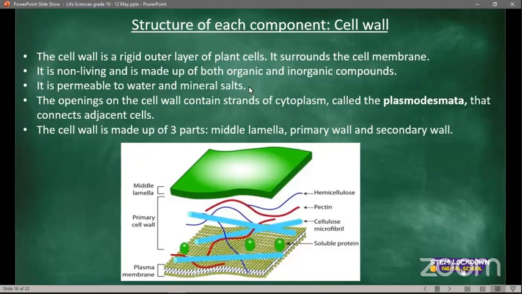So the primary cell wall is made up of cellulose. Remember, we said the cell wall is made up of both organic and inorganic compounds. So it's made up of cellulose, and cellulose is an example of carbohydrates. So cellulose is a polysaccharide, and it also has soluble proteins, which is another type of organic compound.